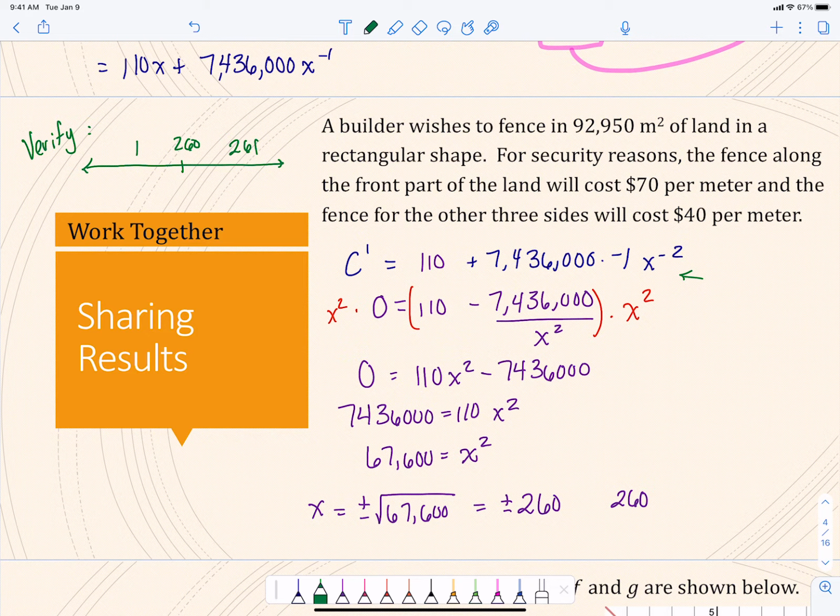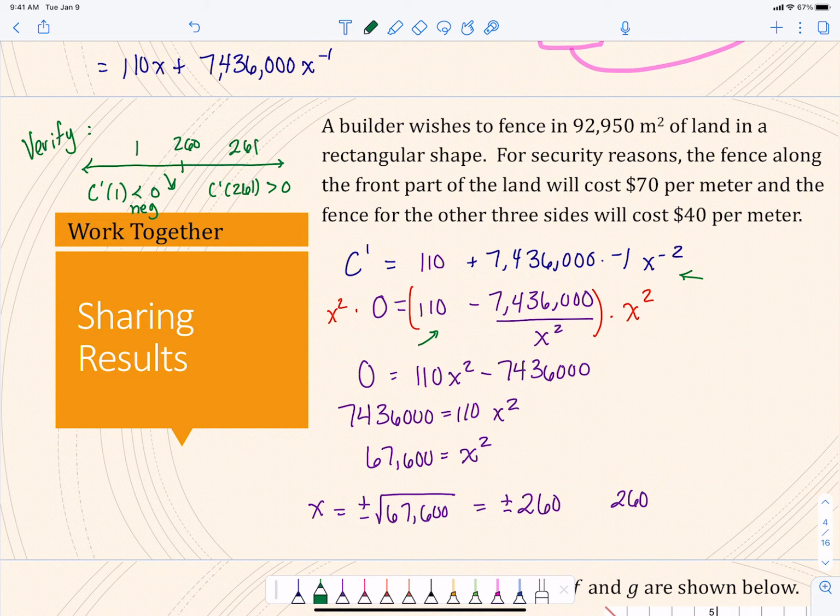If we plug 1 into our derivative, we get 110 minus that 7 million number. So that first derivative is going to be a very big negative number, and that tells us that we're decreasing. If we plug in 261, and sorry, I drew my inequality incorrectly there, there we go, we get something that's just slightly bigger than 0.